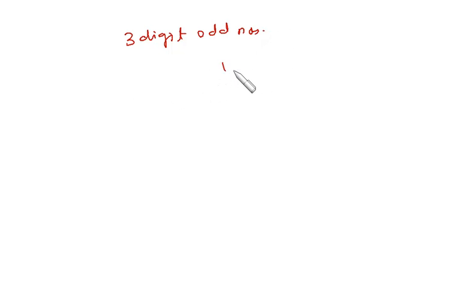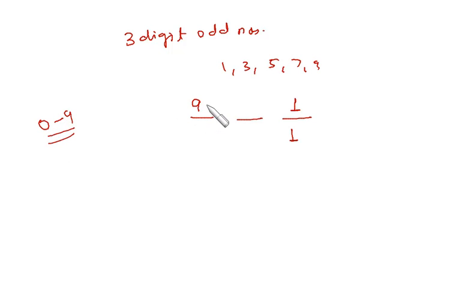Now for the units place I have these many choices, 1, 3, 5, 7, 9, right? Now I take one by one. I take one digit, then I multiply it by 5, right? So 1, 2 and 3. Suppose I have number 1 at this place. So I have just one choice, that number 1 is at this place, right? Now for this place I have 0 to 9, 10 choices, but 0 cannot come, so I have 9 choices only, right?